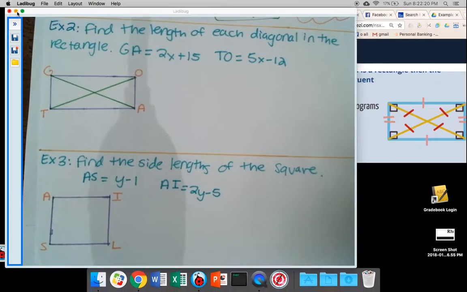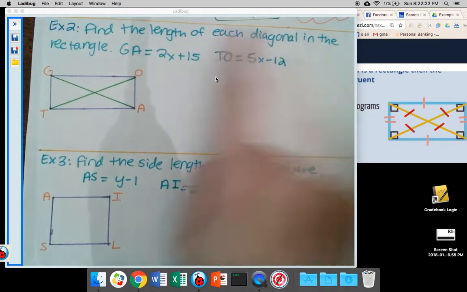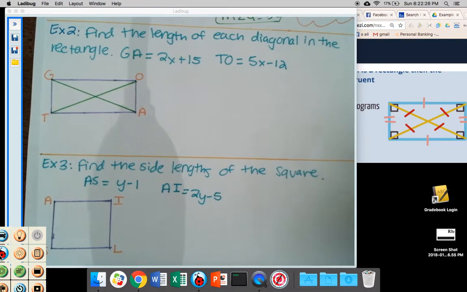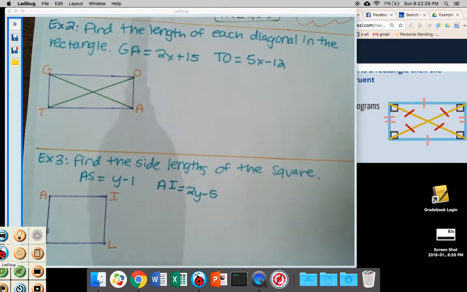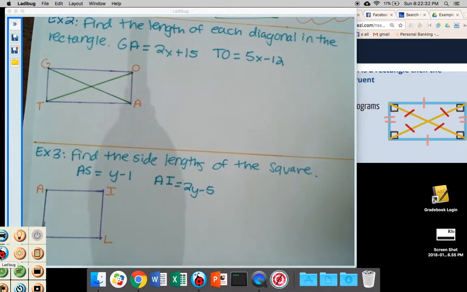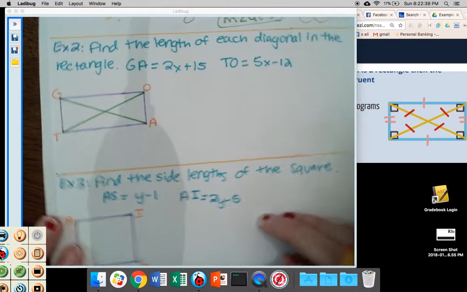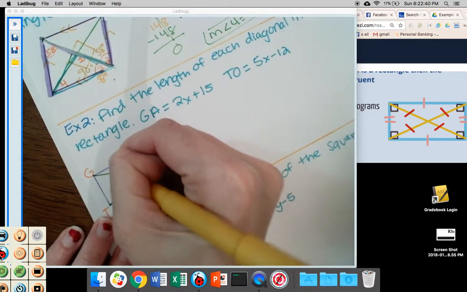Alright, so it says find the length of each diagonal in the rectangle. GA is 2x plus 15, and I'm going to label that in my picture, because it's always helpful to label your picture in geometry. So this diagonal is 2x plus 15, the whole thing.